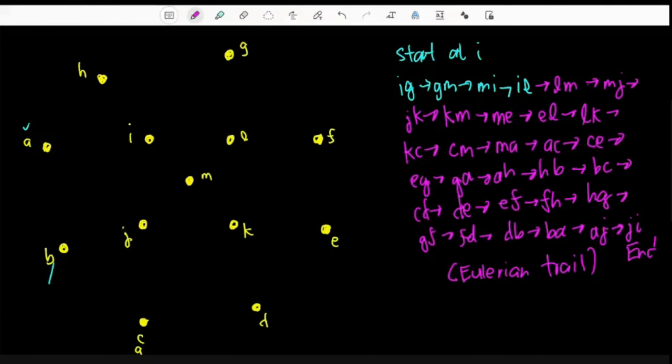So we have many different possibilities. We can start at any point, and we can take any edges. But of course, there are only finitely many for a finite graph. The starting points are finite, and for each starting point, the possible edges you can pass through are finite. So eventually, you'll have finitely many distinct Eulerian trails.